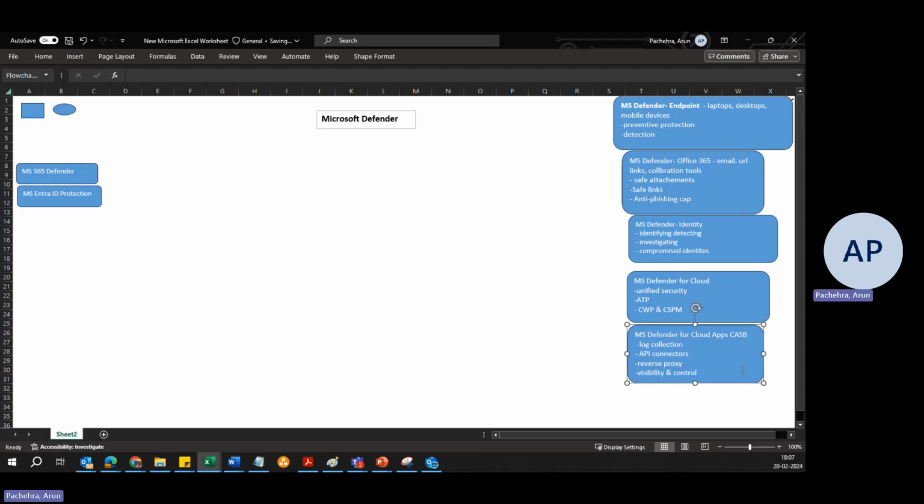All right, so which one is left? Microsoft 365 Defender, because this is protection provided by Microsoft, but it is not literally the part of Defender like any other Defender services. So we can remove it here.